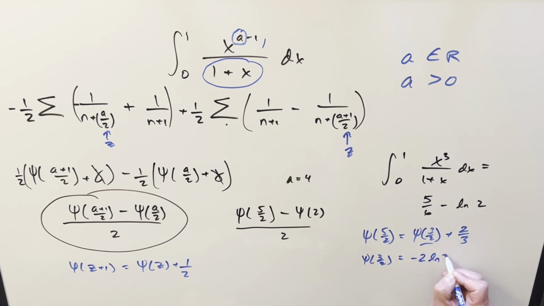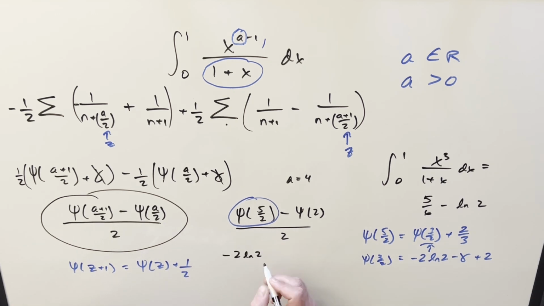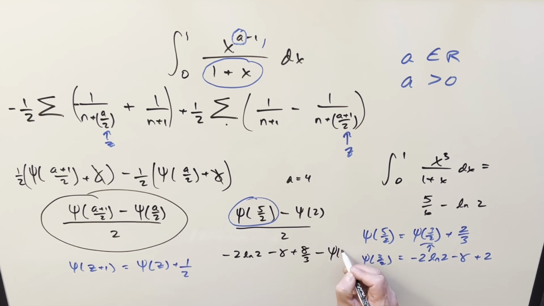So I'm just going to plug that right in. Minus 2 ln 2 minus the constant plus the reciprocal of 1/2. That's going to be a plus 2 right there. So we'll plug that back in for 3/2, and we have our value for digamma of 5/2 now, which is going to be minus 2 ln 2 minus the Euler-Mascheroni constant plus 2 plus 2/3. That's going to be 6/3 plus 2/3. We have 8/3.